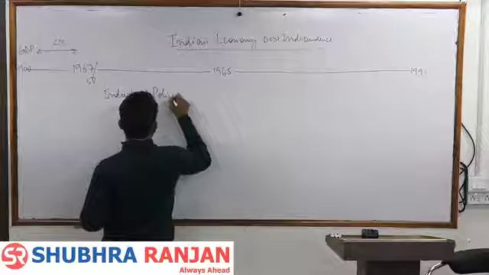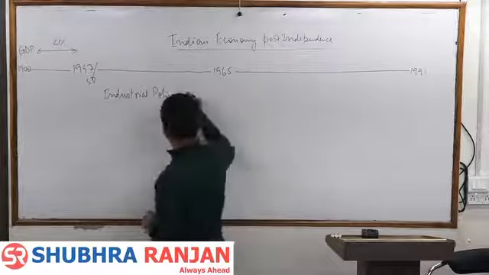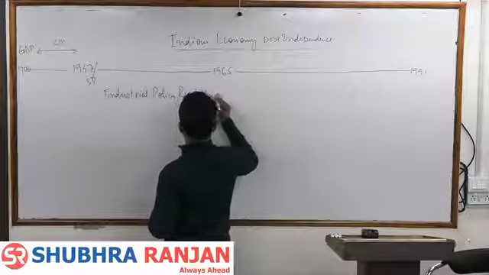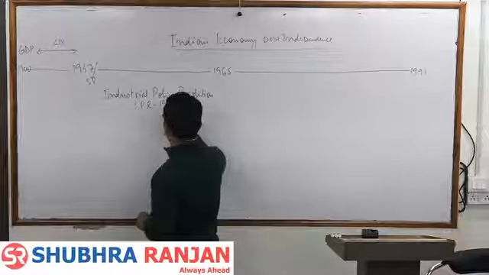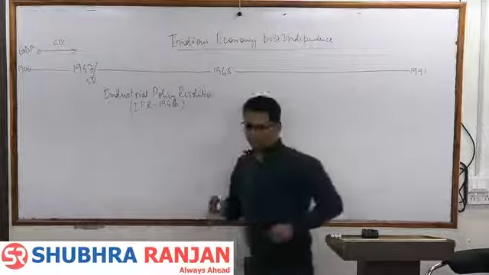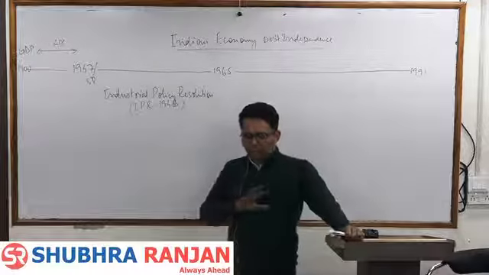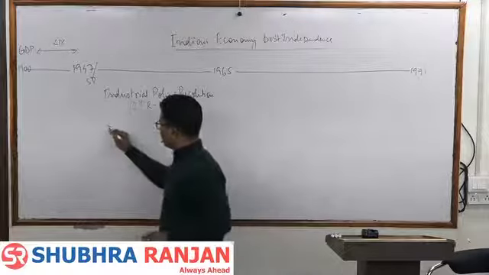Industrial Policy Resolution, IPR 1948. The first IPR came in 1948, and this IPR divided all the industries in India into broadly 4 categories.